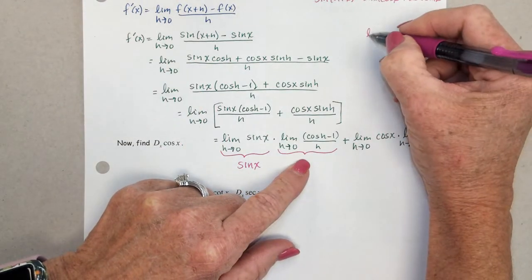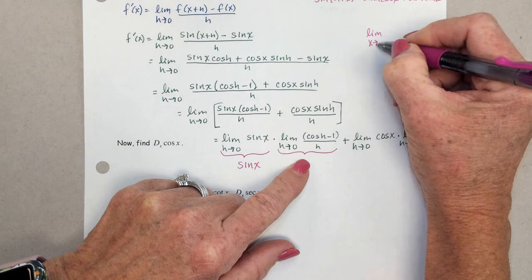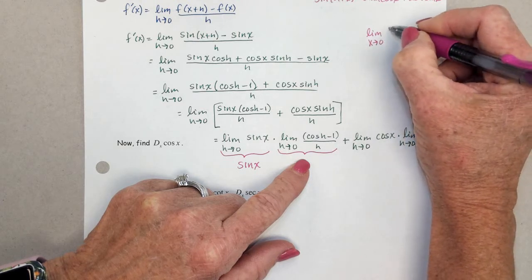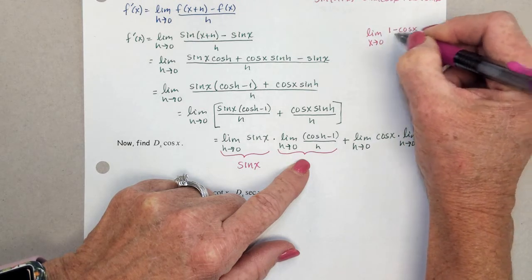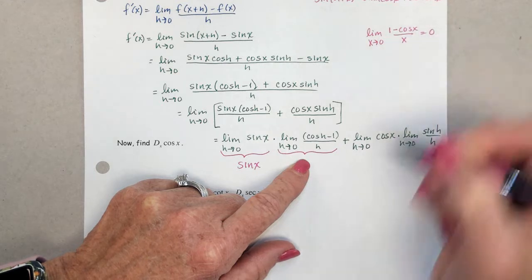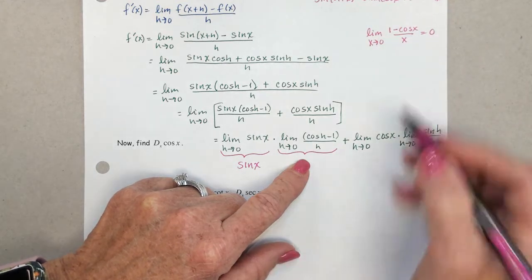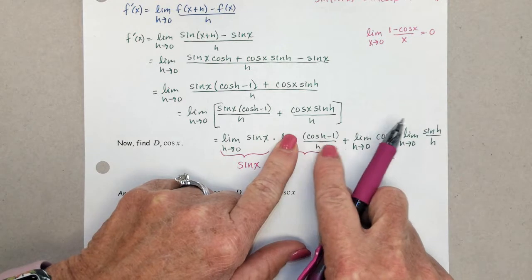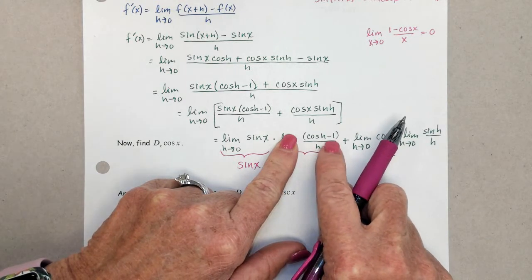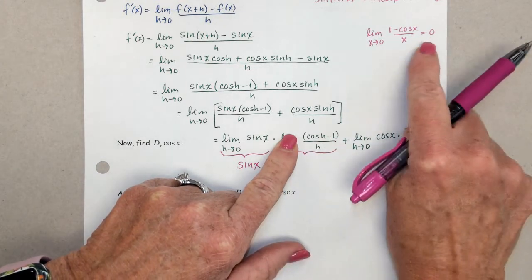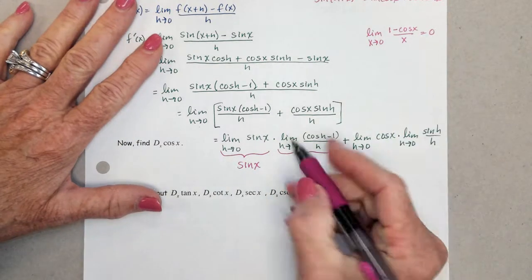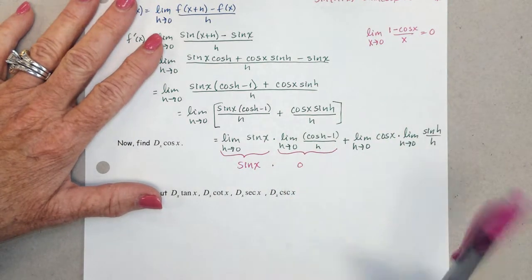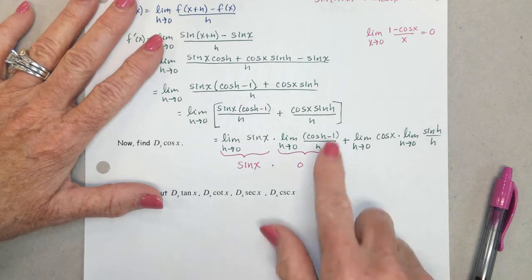Actually, you memorized this: the limit as x approaches 0 of 1 minus cosine x over x. You memorized that earlier this year as equal to 0. Well, this is just the opposite because we've reversed the order of the subtraction, but it doesn't matter. Opposite of 0 is still 0. So this is times 0. That one was memorized.